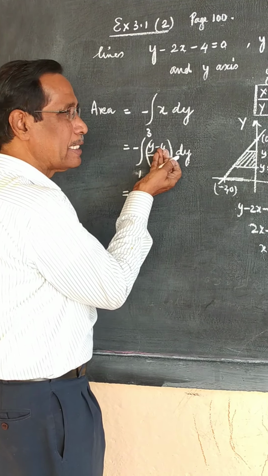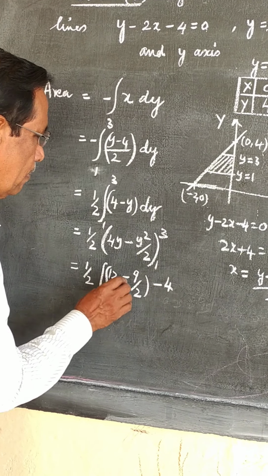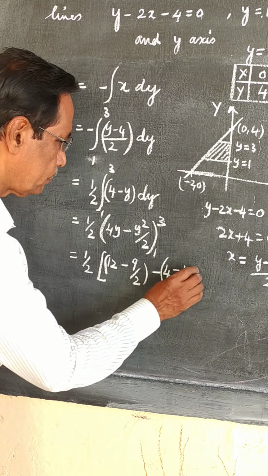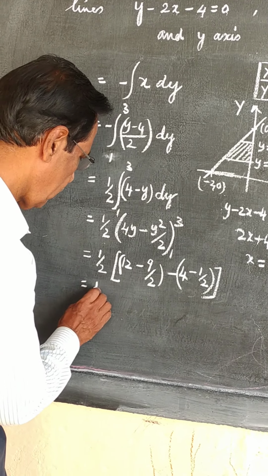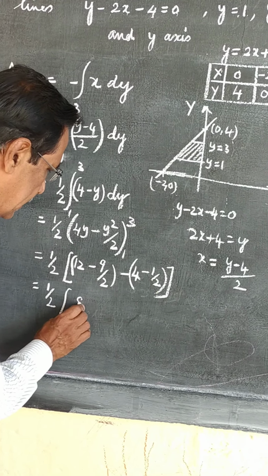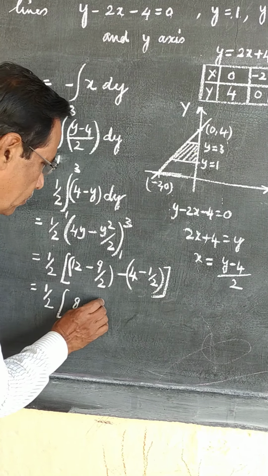Upper limit is over. Now we substitute the lower limit: 4 minus 1 by 2. 12 minus 4, 8, minus 9 by 2, minus of minus plus 1 by 2.